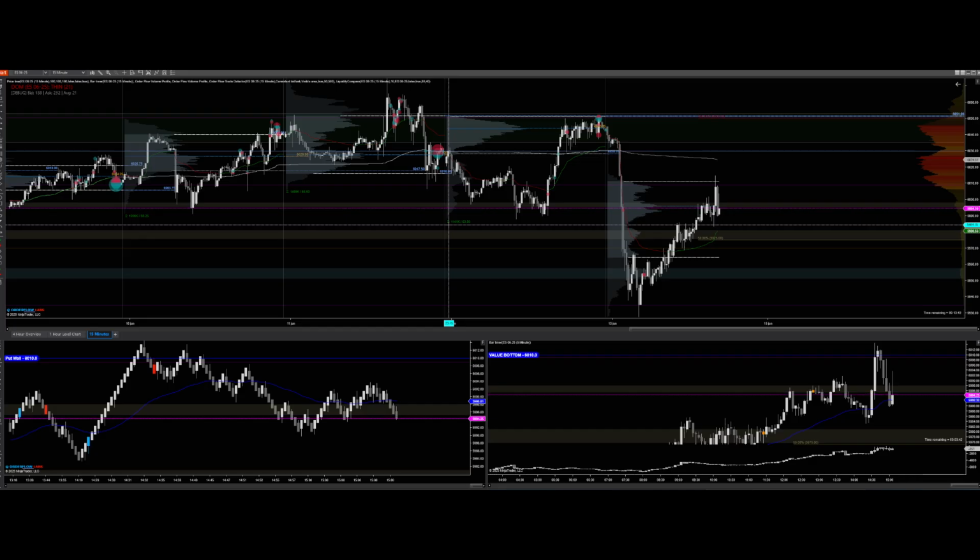Let's see the push back into the 92 area. Order book is getting some more power right here.